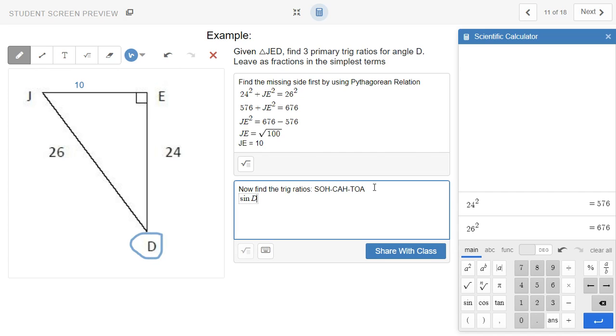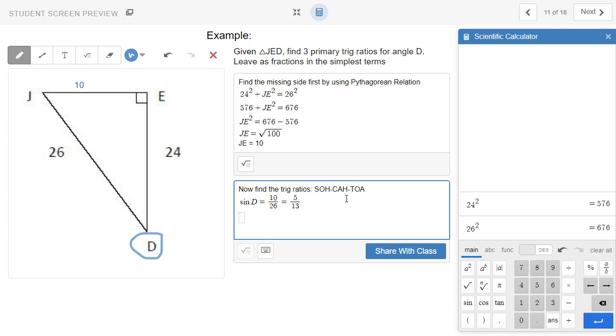So sine D is equal to opposite over hypotenuse. So opposite is 10, hypotenuse is 26. Let me simplify this into simplest terms. Because both of these numbers are divisible by 2, I'm going to make it 5 over 13.